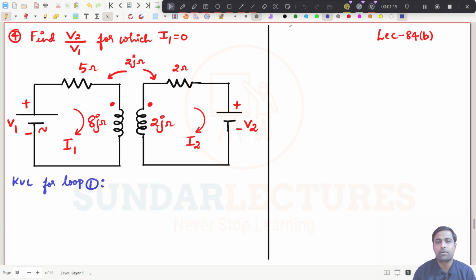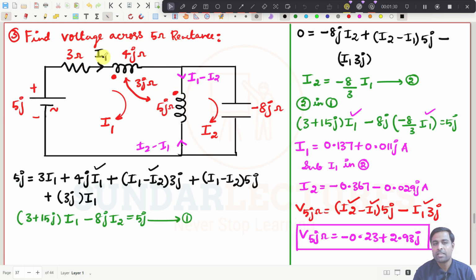Try to understand one thing. Here, you need not put I1 minus I2 and those kinds of things, because this is a separate circuit. In the circuits we have seen before, since it was the same electrical circuit, you had to write I1 minus I2 for the first loop and I2 minus I1 for the second loop.